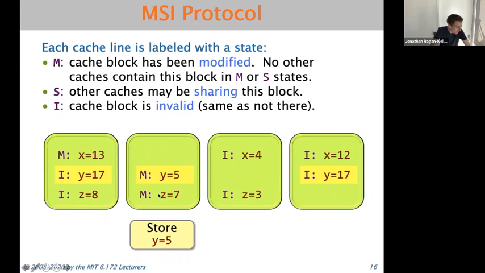This question comes through: why can't we broadcast the new value directly to other caches? We're going to have to send a message to invalidate them all anyways. That's a great question. And the issue here, in fact, is not on the first update. I'll talk about this more in a second. The issue is that in general, it's very expensive if all these cores are modifying the same values at the same time, because they're going to be constantly having to communicate with each other to update values.